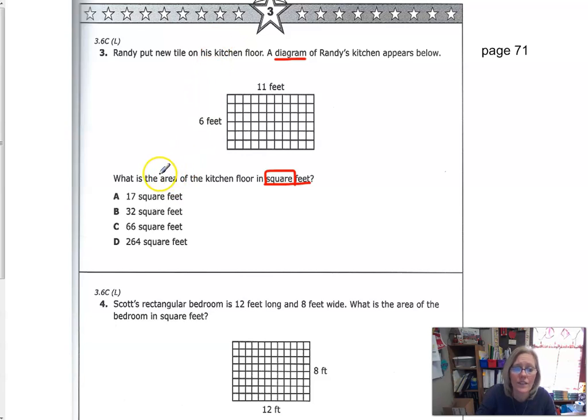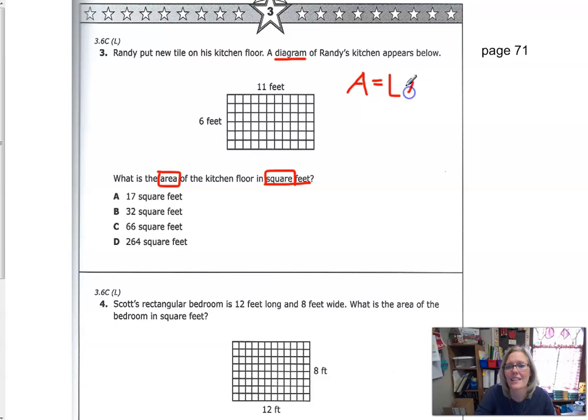And we are finding the area. So I want to make sure I remember area. Now, do you remember the formula for area? Area is equal to what? Do you remember?